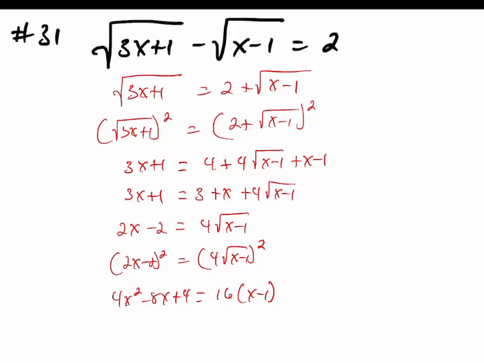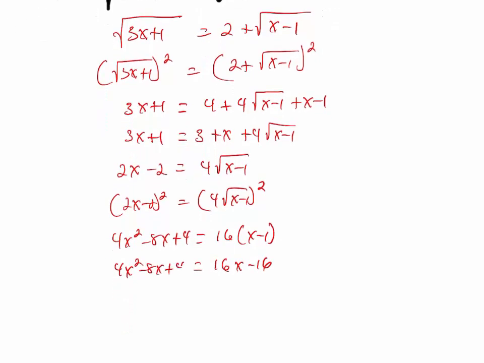Actually, let's go ahead and distribute that 16. And so now we're going to, again, just combine like terms, right? And so we get 4x squared. Now, negative 8x minus 16x is negative 24x. And then 4 plus 16 is 20.